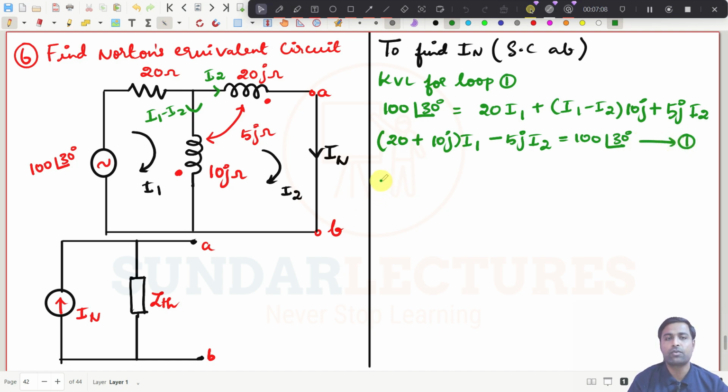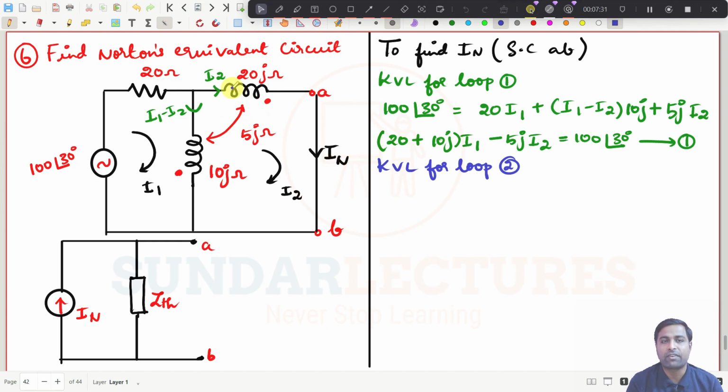And if you go for equation number 2, KVL for loop number 2, there are two mutually coupled inductances. Maybe I will write it down first for this one.